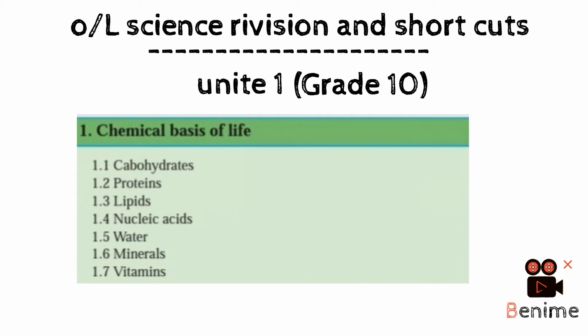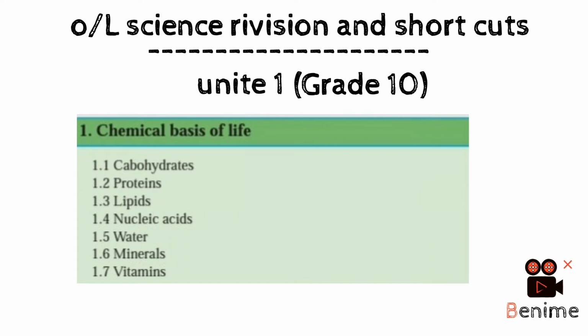You can keep it in your mind very easily like this: all are roads, but a main road is different from other roads. That's why the main organic compounds are carbohydrates, proteins, lipids, nucleic acids, but the sub, or not main, organic compound is vitamins.